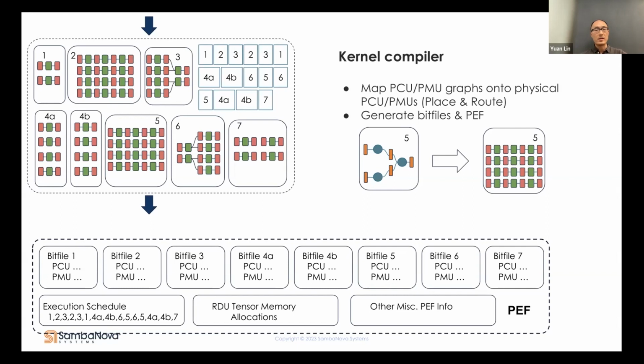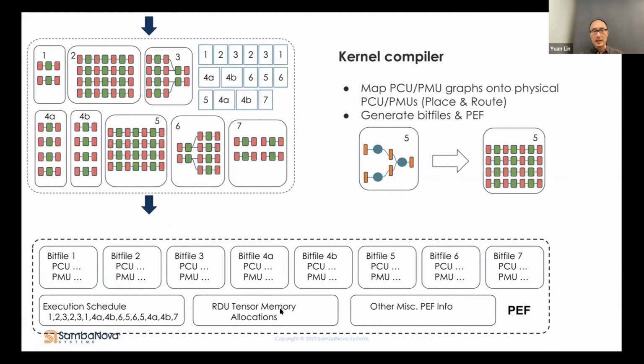There are a bunch of other things done in the kernel compiler, but after that, you finally generate the bit files and the path, which is sort of the executable. This executable, or path, consists of the bit file, the programming of each of the sections.